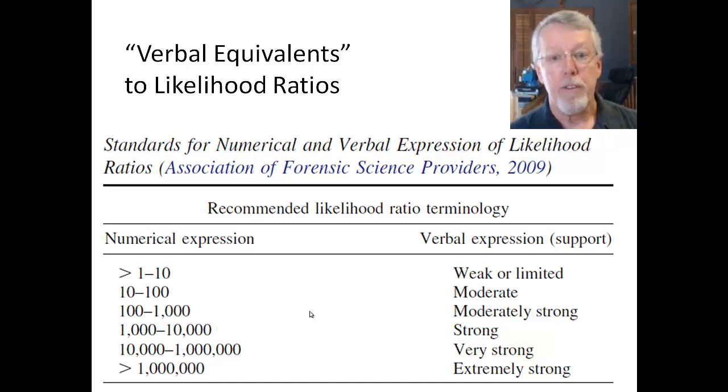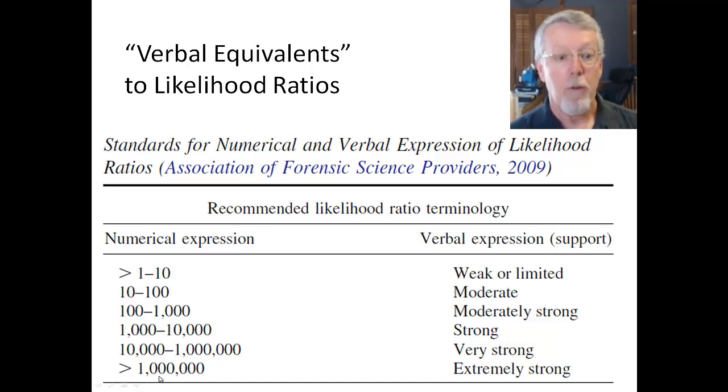As far as verbal equivalence, a number of organizations have recommended language that could be used to explain likelihood ratios to a jury or a trier of fact. This set of labels from the Association of Forensic Science Providers, a UK-based organization, suggests the following verbal expressions based on the size of the likelihood ratio.